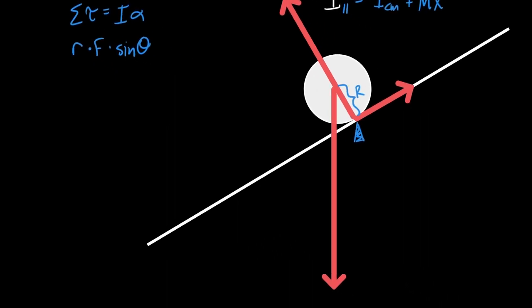Looking at that picture there, the torque arm is actually that green arrow. And this angle will be the angle of the ramp. So our torque will be R times mg times the sine of the angle of the ramp. That has to be equal to I parallel times alpha.